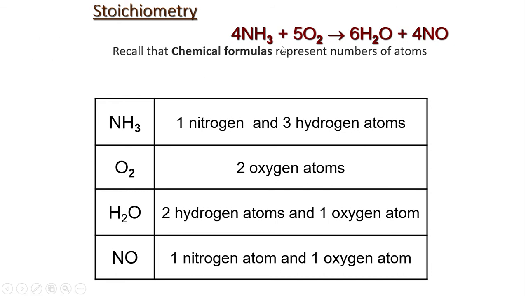So we have here 4 moles of NH3 added with 5 moles of oxygen. It will produce 6 moles of water and 4 moles of NO. So we have now the ratio 4:5 will produce 6:4 products. Okay?